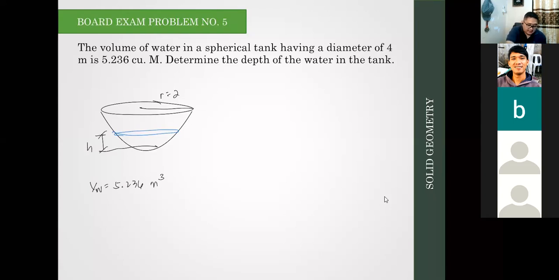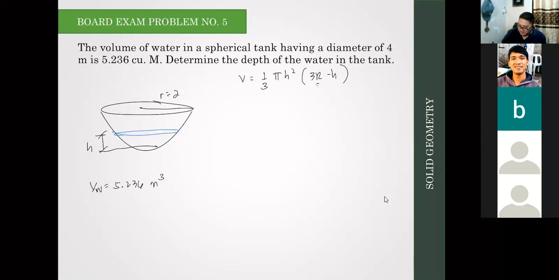Okay? So kapag sa spherical segment natin, may formula si textbook na volume is equals to 1/3 pi h squared times 3r minus h. Okay? Yung r natin is kung ano yung radius ng sphere natin.